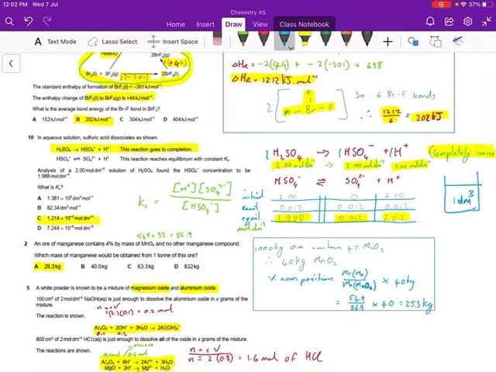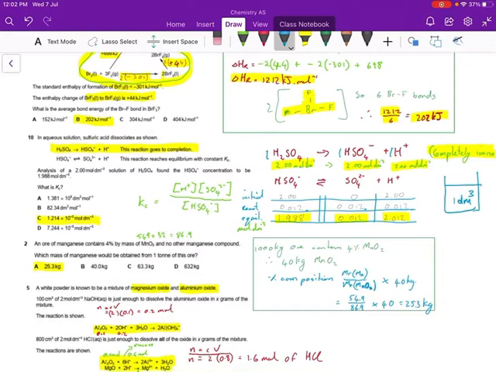Now, at the end, they tell us there's 1.988 moles of the HSO4 negative present. That means 0.012 reacted, and it reacts according to my mole ratio, which is again a 1-to-1-to-1 ratio. Substituting it in, now I get my equilibrium concentrations.